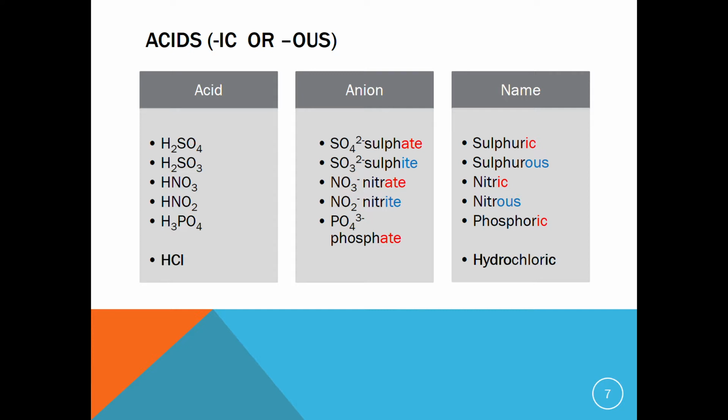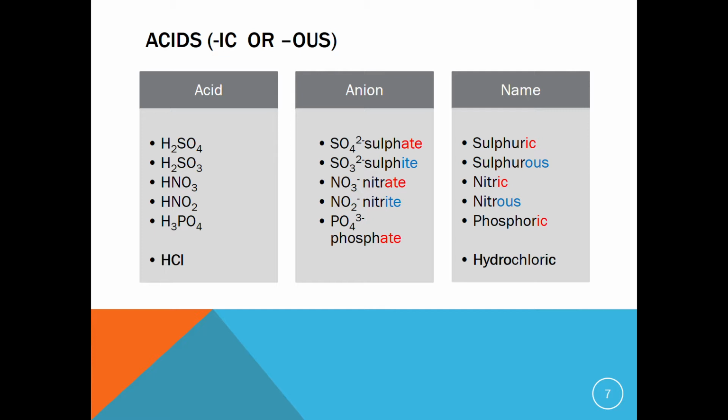Acids. The acid name is formed from the name of its central element with the ending ic or ous, for example, sulfuric acid or sulfurous acid. The rule: when the anion name ends in ate, for example, in sulfate, the ending ic is added to the main part of the word, like in sulfuric.